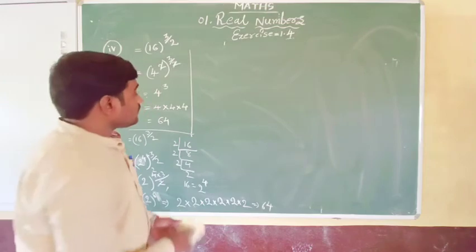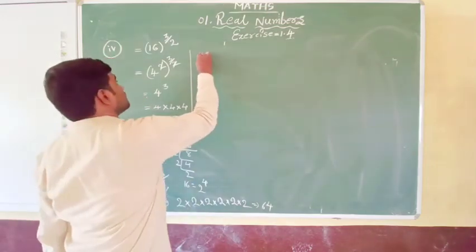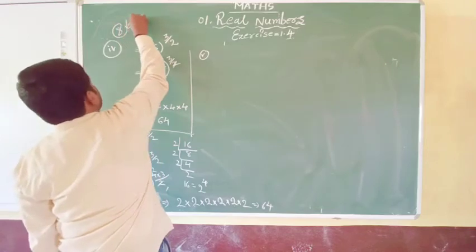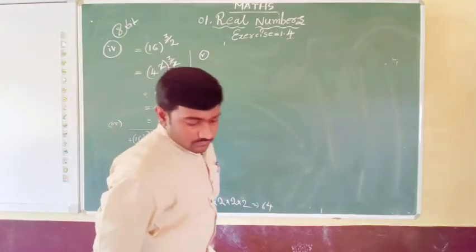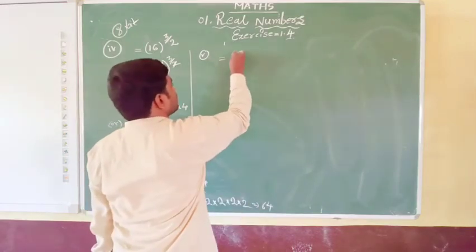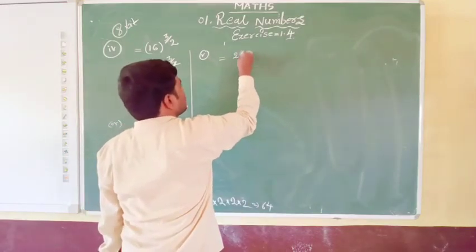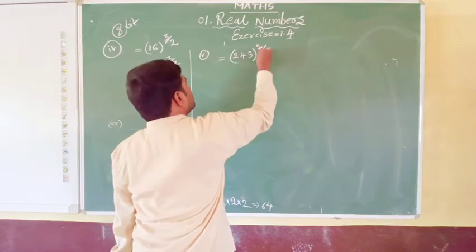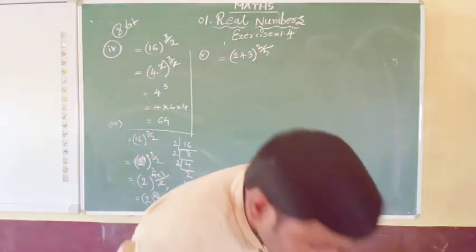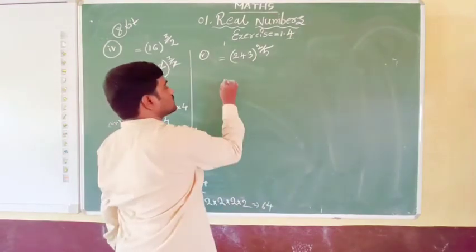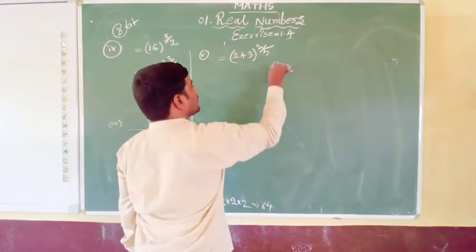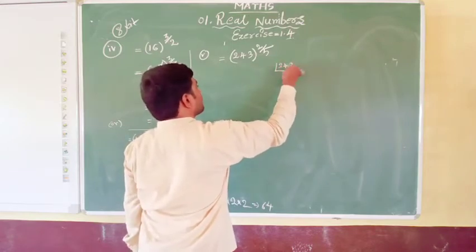Then let's go for another one, the 5th one: 243 whole to the power of 2 by 5. Once you see 243, how can we write it?